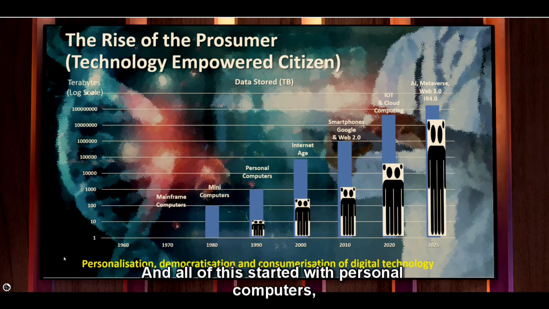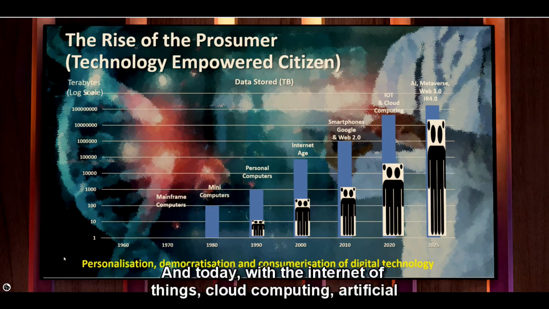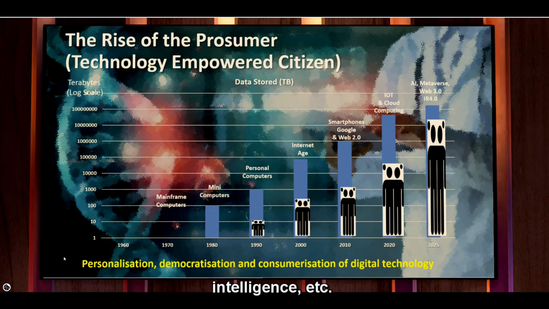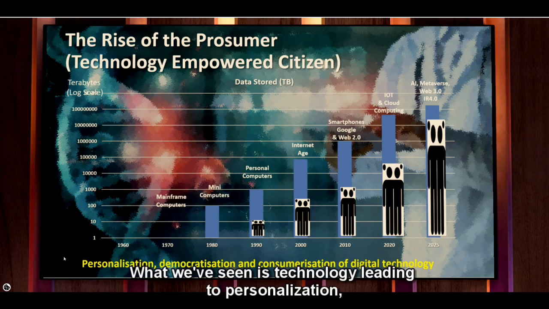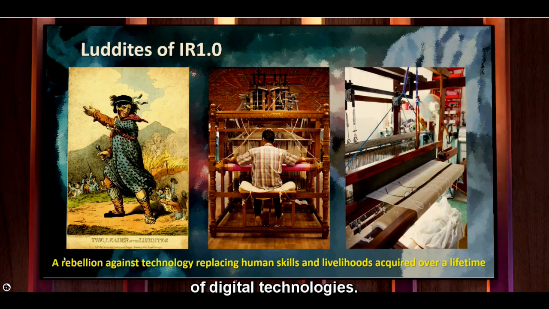And all of this started with personal computers, accelerated during the internet age, the 1990s, with Google and Web 2.0 and smartphones, increasing empowerment there. And today, with the Internet of Things, cloud computing, artificial intelligence, etc., what we've seen is technology leading to personalization, democratization, and consumerization of digital technologies.